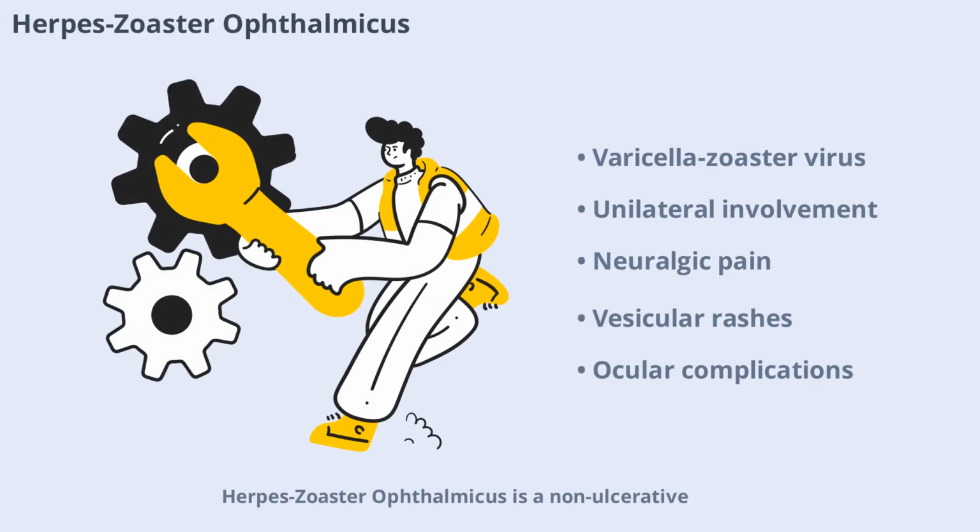Herpes zoster ophthalmicus is a non-ulcerative, non-purulent condition caused by the varicella zoster virus, related to chickenpox. It typically affects one side of the face, targeting the Gasserian ganglion and branches of the ophthalmic division of the fifth cranial nerve. Symptoms include sudden fever, malaise, severe neuralgic pain, and vesicular rashes.